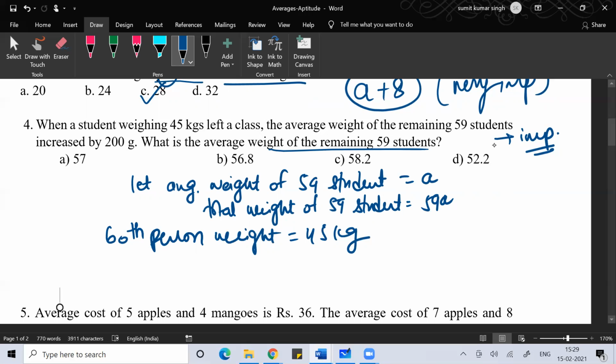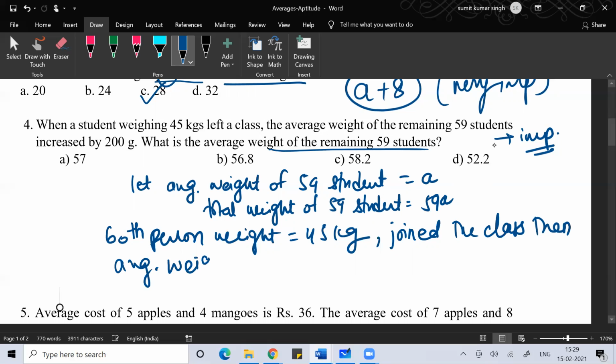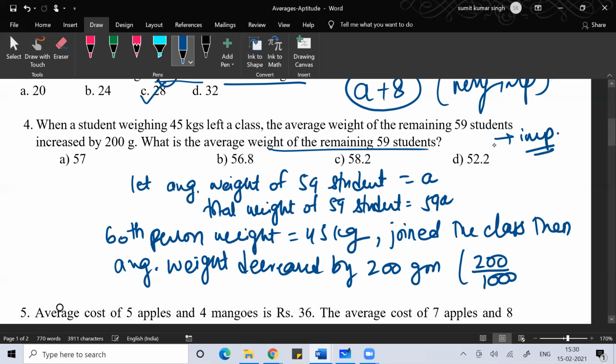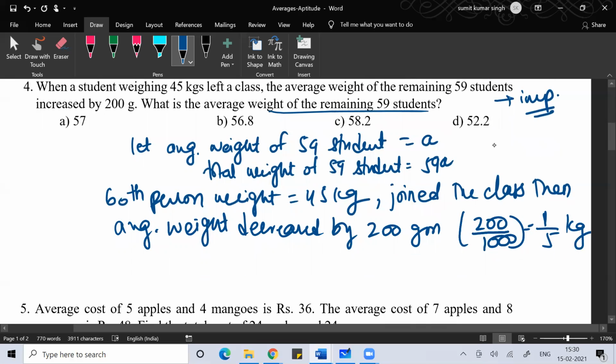I'm doing the reverse of that: 59 students are there, the average weight is A, and when the person whose weight is 45 kg joins the class, the average weight of 60 students decreases by 200 gram. 200 gram I can write as 200 by 1000, which in kg, because everything we are doing in kg, is 1 by 5 kg.